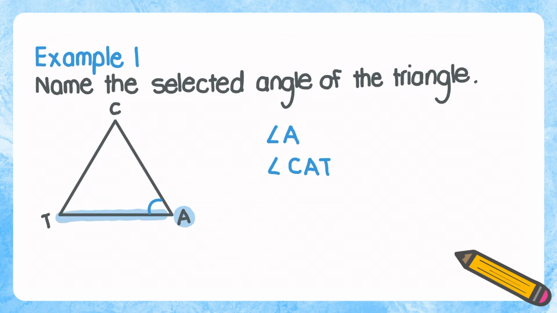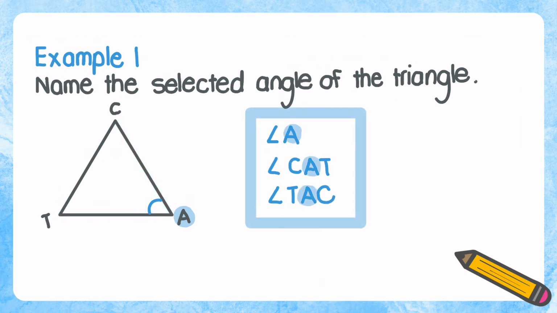We can also start at T and go backwards. So another name is angle TAC. We've labeled this angle in 3 different ways.